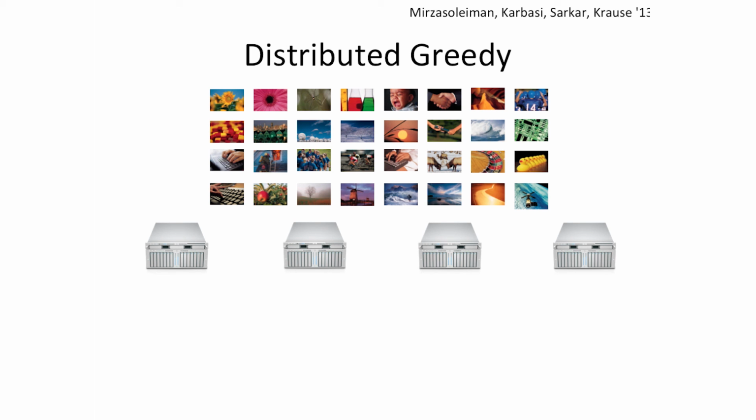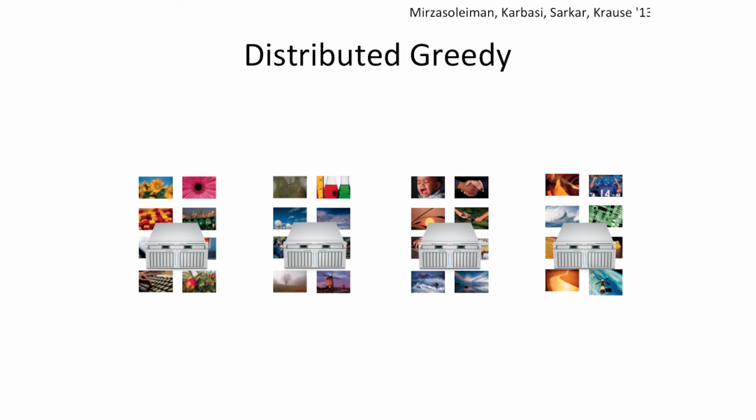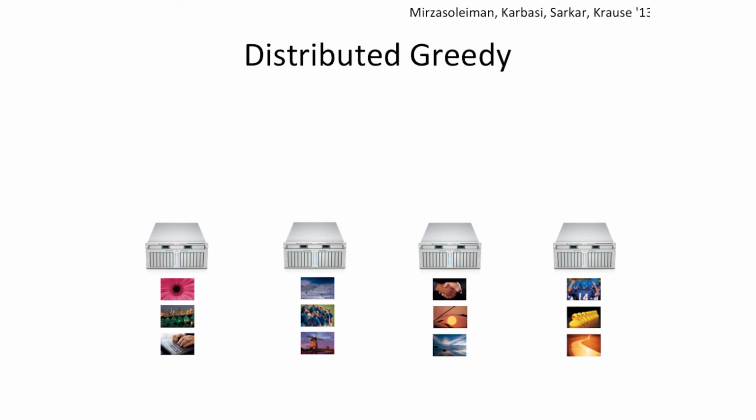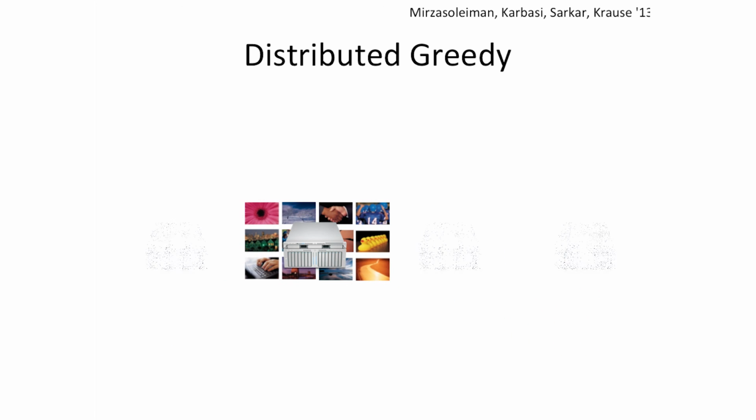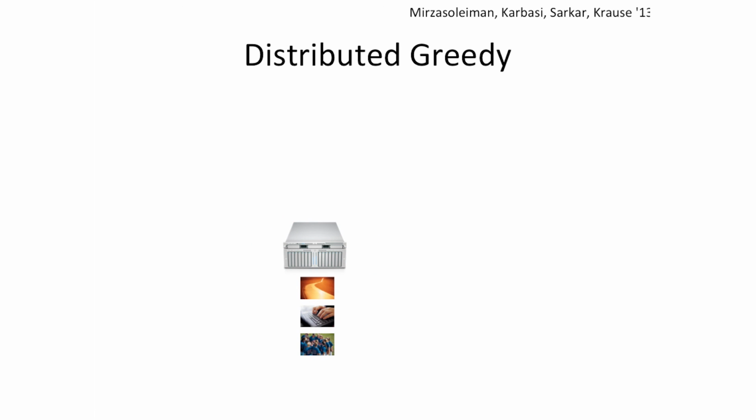On each of the machines, let's run the greedy algorithm and pick k elements from the images on that machine. Now, in the second round, we take all of these greedy solutions and put them on a single machine. We run greedy again, pick our final set of k elements, and output that.